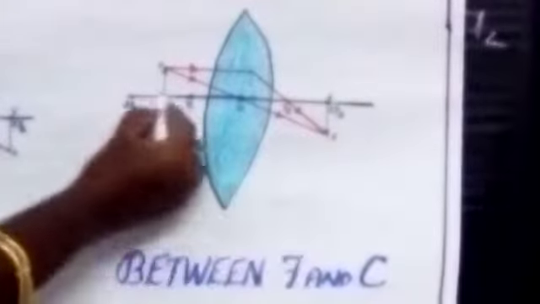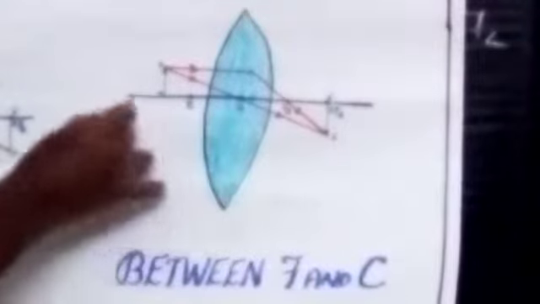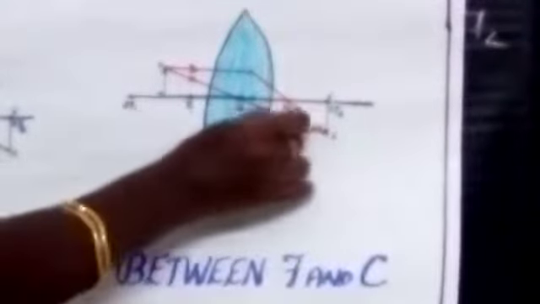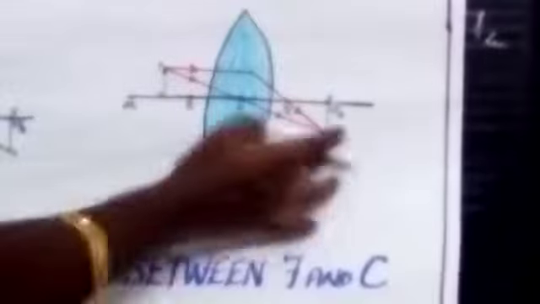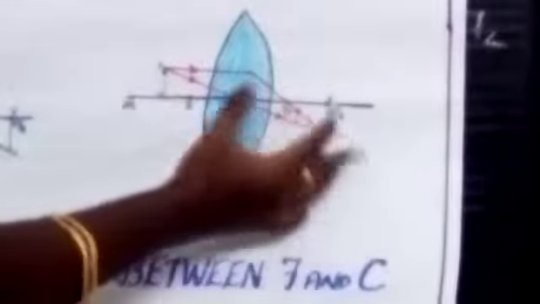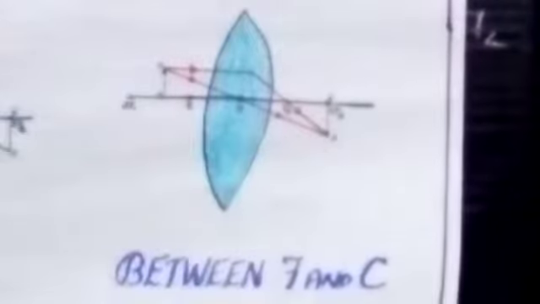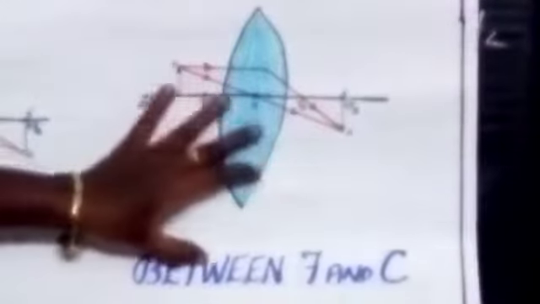So when we place the object between the principal focus and the center of curvature, we get the image beyond C. What about the size of the image? It is large, and it is a real and inverted image.